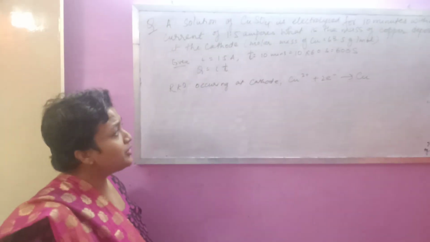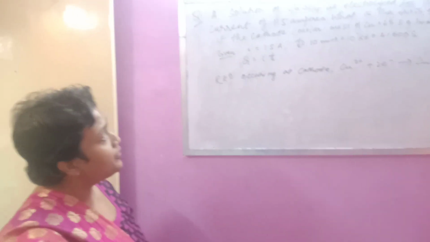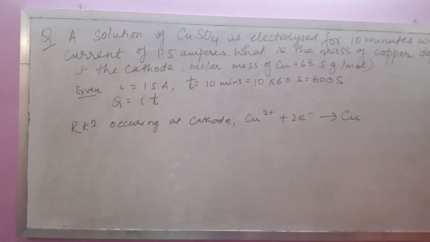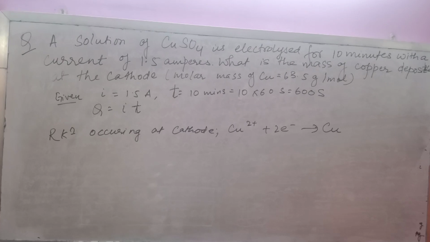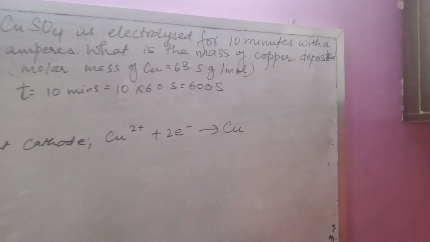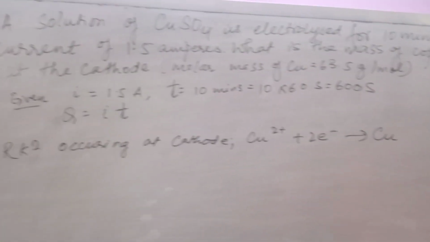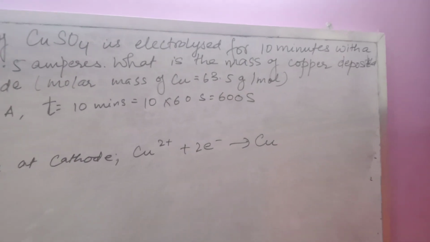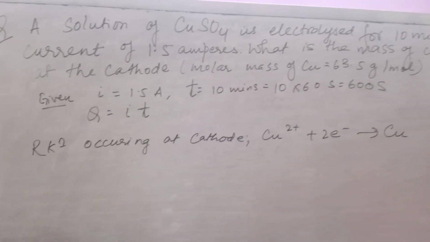Now solve one numerical based on Faraday's law of electrolysis. See, you should try this numerical on your own also. In this numerical, a solution of copper sulfate was electrolyzed for 10 minutes and the current passed is 1.5 ampere. You have to calculate the mass of copper deposited at the cathode. So what data were given?